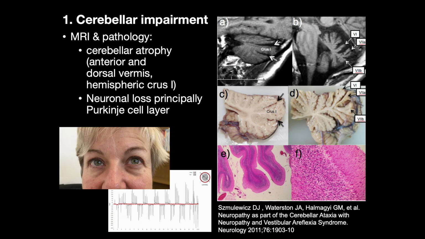So the first component is cerebellar impairment, and here we see a specific pattern of atrophy on the MRI.